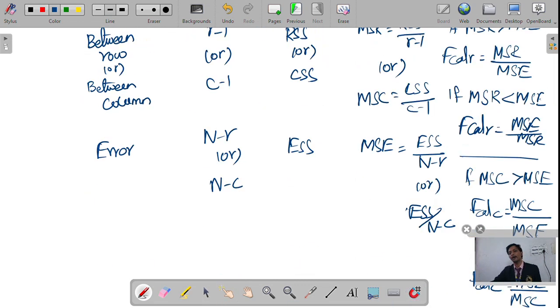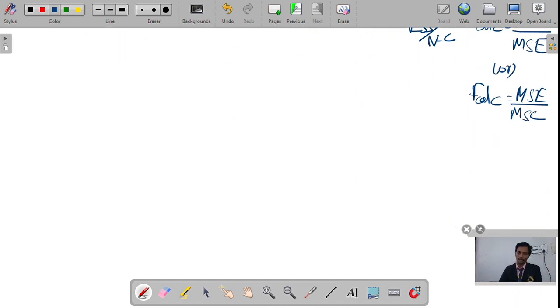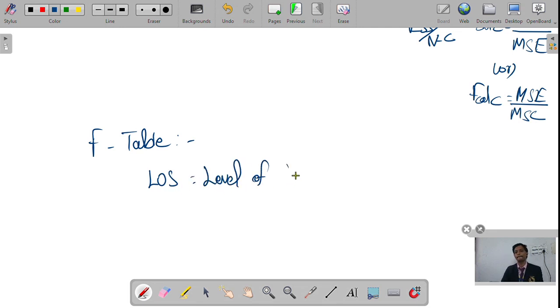After that, you need to calculate the F table value. The first thing is that you have to read the question properly. If the question contains a LOS value, LOS being nothing but level of significance, the value lies as 1%, 5%, or 10%.